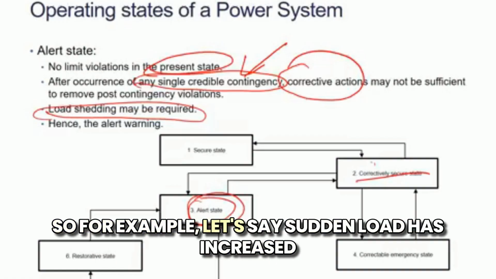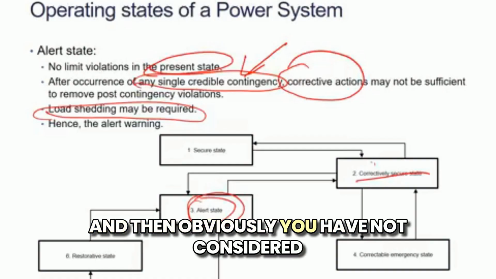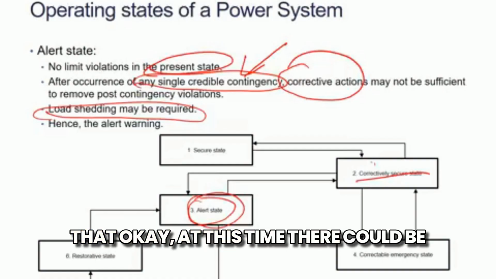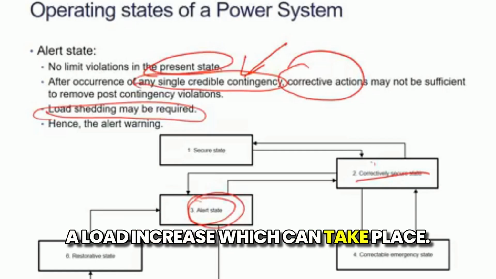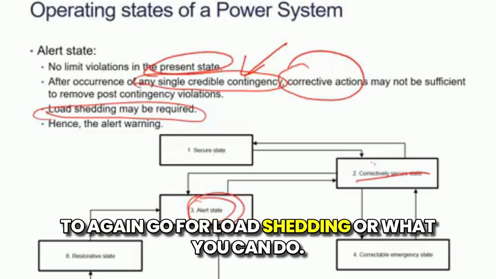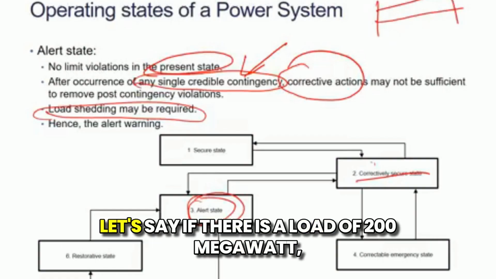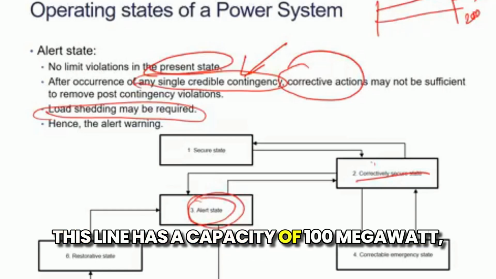For example, let's say sudden load has increased with a huge value, and you have not considered that at this time there could be a load increase. Then you have no option but to go for load shedding. Or, if there are two parallel lines and a load of 200 megawatt, this line has a capacity of 100 megawatt and this line has a capacity of 100 megawatt.